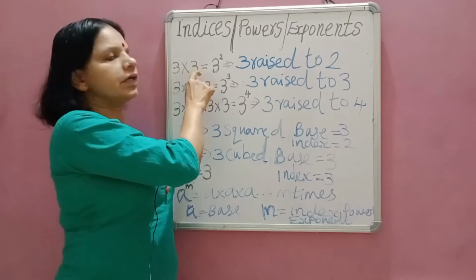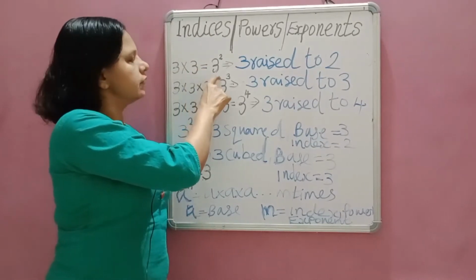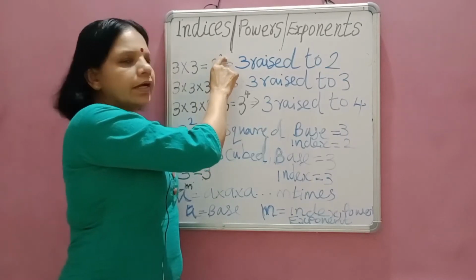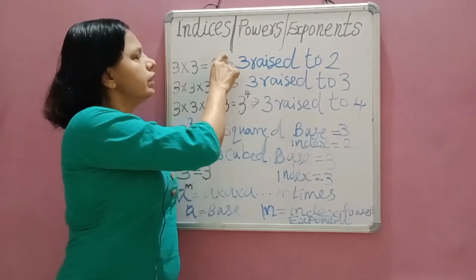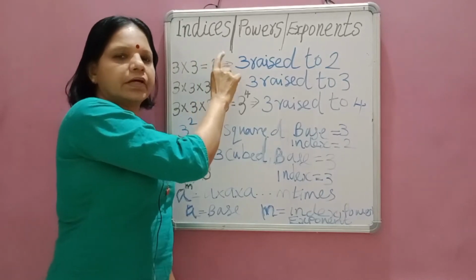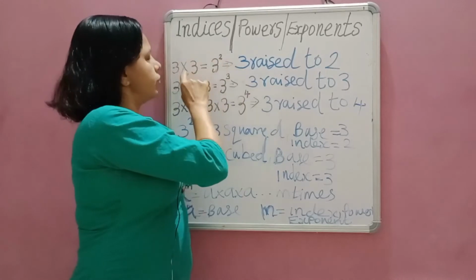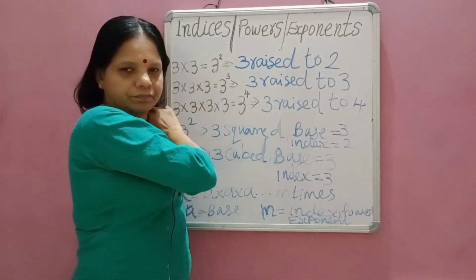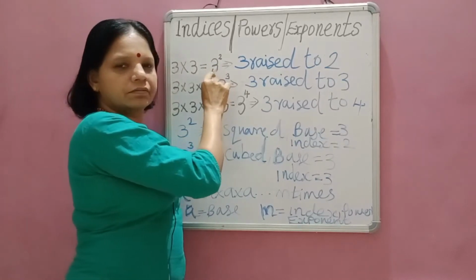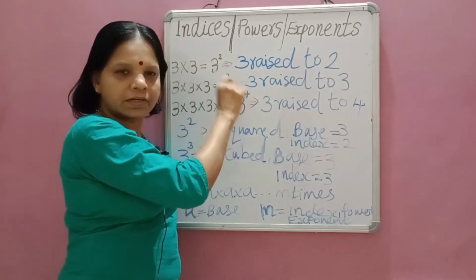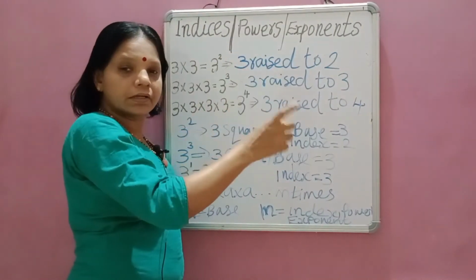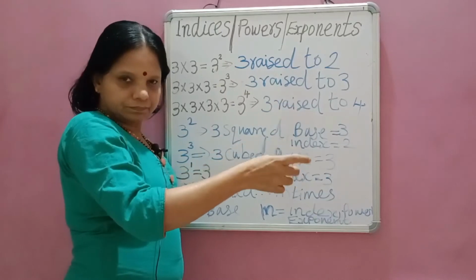This is also expressed as 3 with a 2 written at the right top, in this form. This 3 represents which number is repeatedly multiplied, and this 2 represents how many times it is repeated.